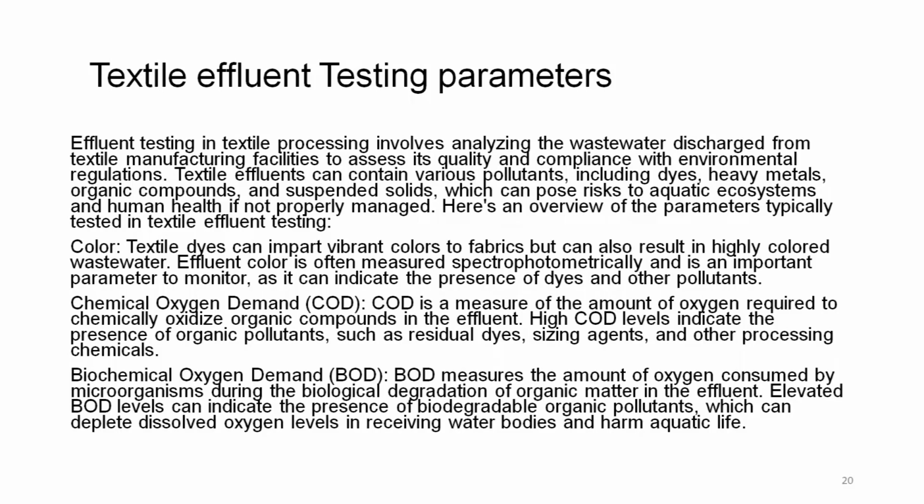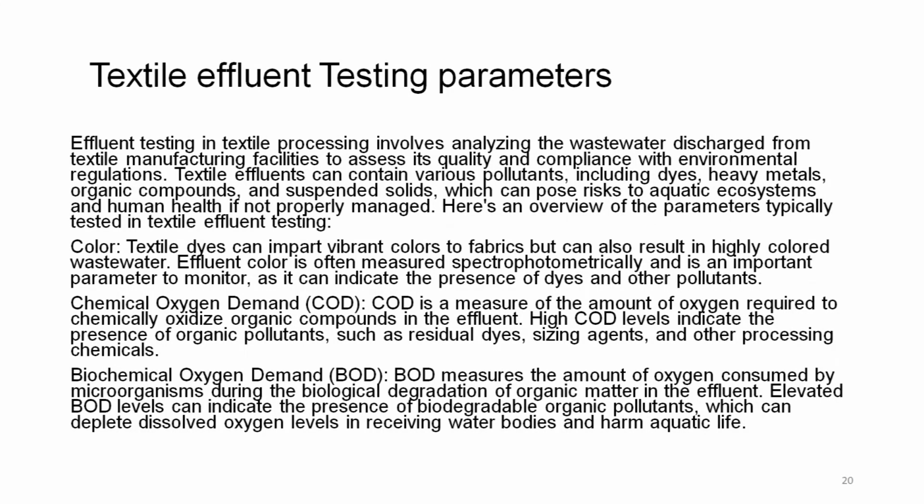Now, textile effluent testing parameters. We have already seen that these parameters have been identified and there are defined methods of testing. Effluent testing in textile processing involves analyzing the wastewater discharged from the textile manufacturing facilities to assess its quality and compliance with environmental regulation.